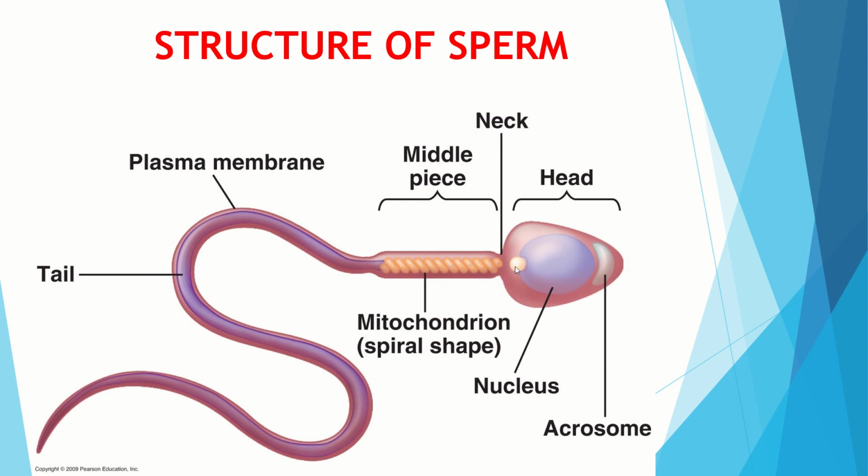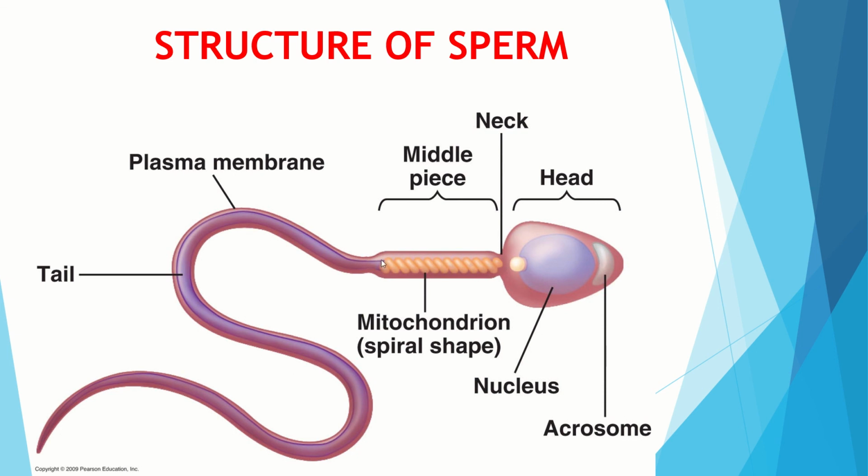In this depression we can find 2 centrioles. The first one is called the proximal centriole, and the next one is called the distal centriole. The proximal centriole forms the spindle fiber during cell division and during the zygote division. Later on, the distal centriole forms the axial filament, which starts from the neck and reaches until the complete tail.